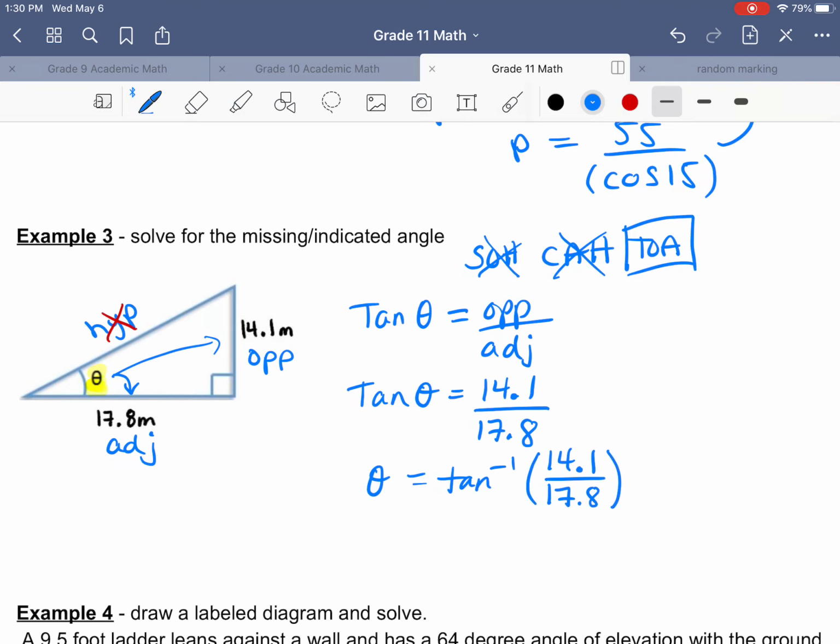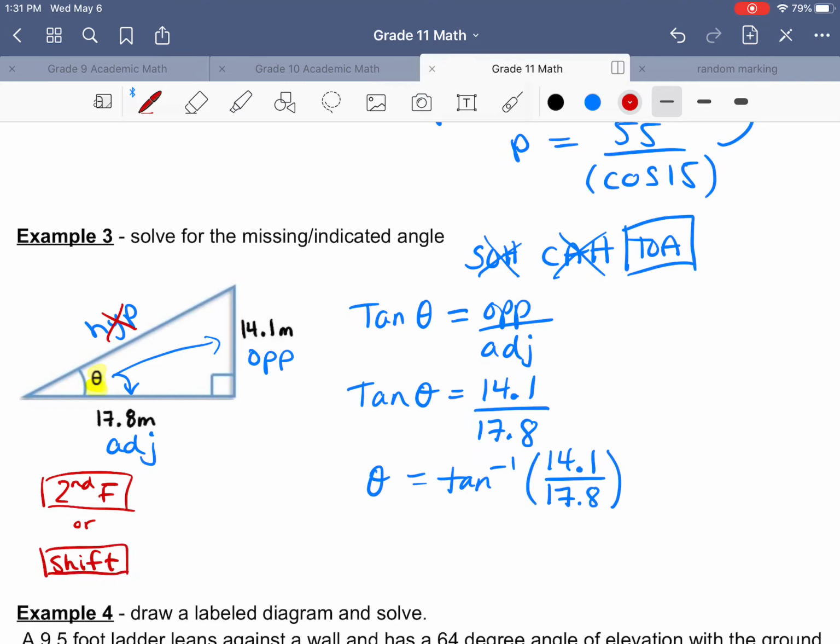So on your calculator, you're going to need to find that tan to the -1 button, and it's going to be a second function button. So on your calculator, you'll have a button that says second F, or you might have a button that says shift.